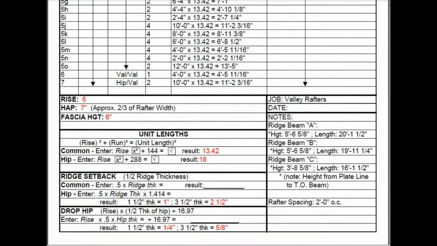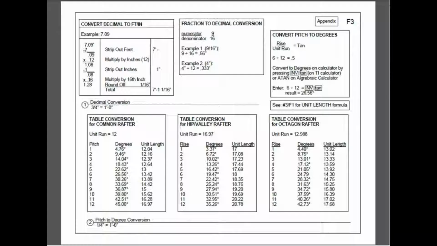Well, where do we get those from? Let's look down at your unit length formulas. Rise squared plus run squared, and you take the square root of that. Run this through your calculator, and the result is 13.42. For your hip rafter, run this equation through your calculator, and the result is 18. You can always skip the math and just use our cheat sheet, Appendix F3.